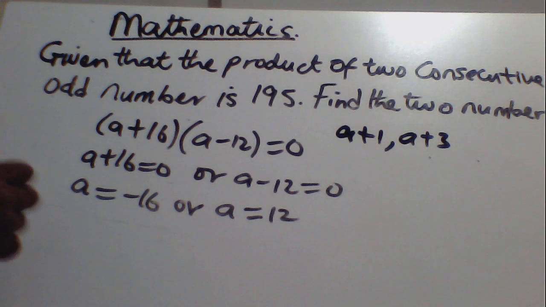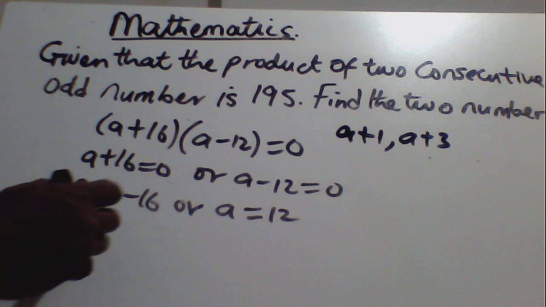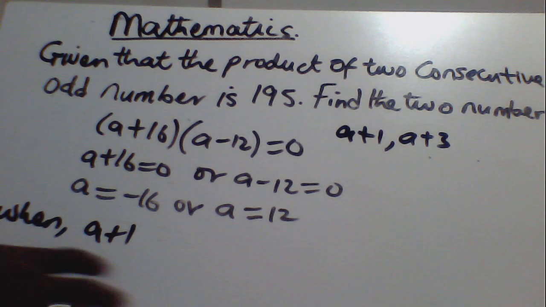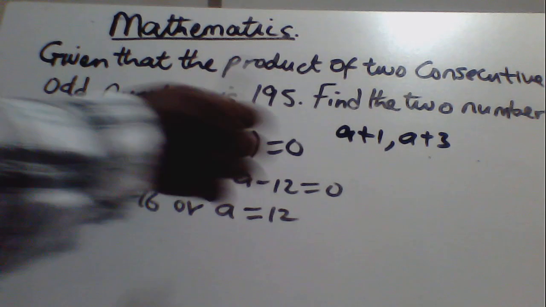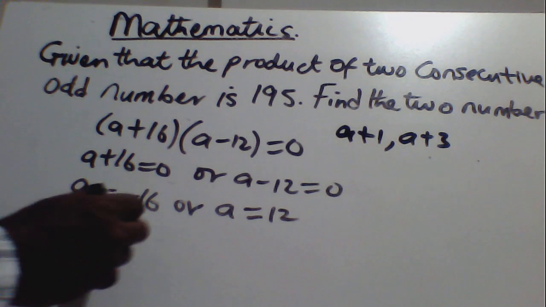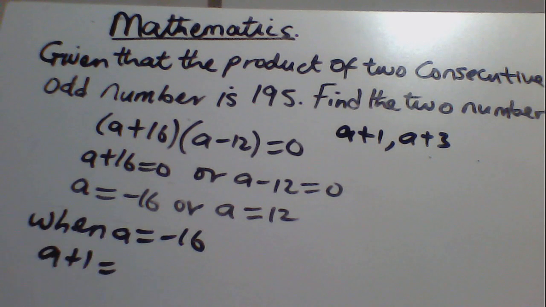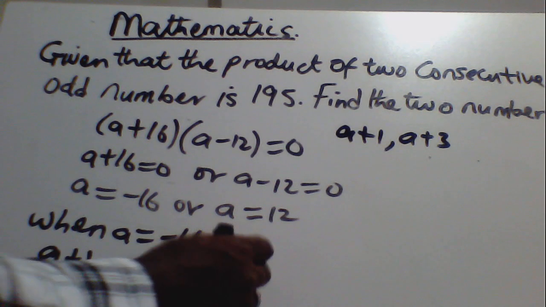So when A is equal to minus 16, A plus 1 will be equal to minus 16 plus 1, that gives us minus 15.